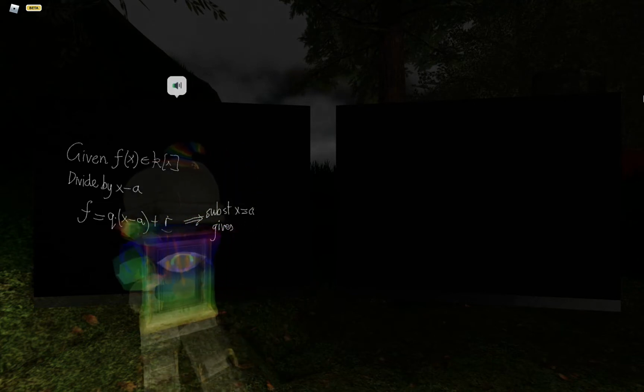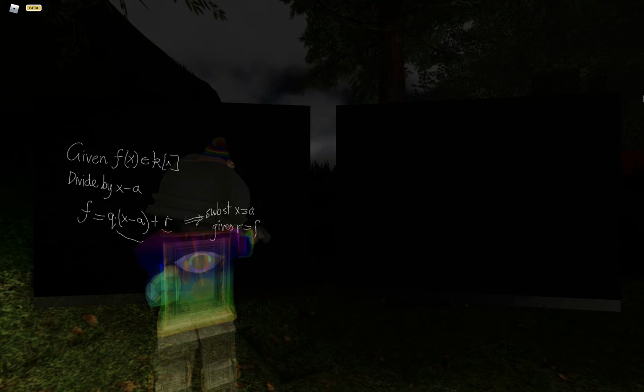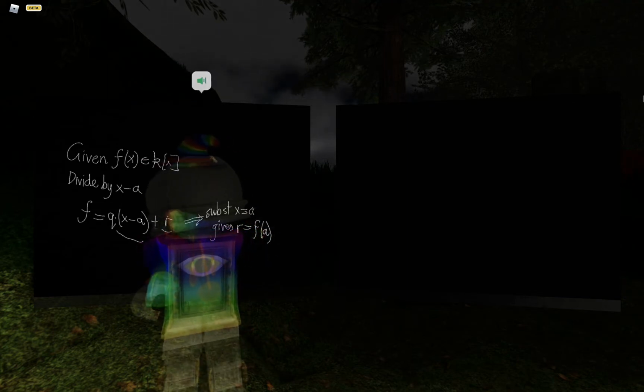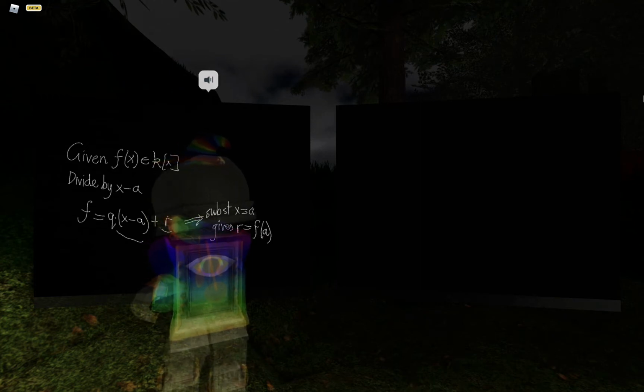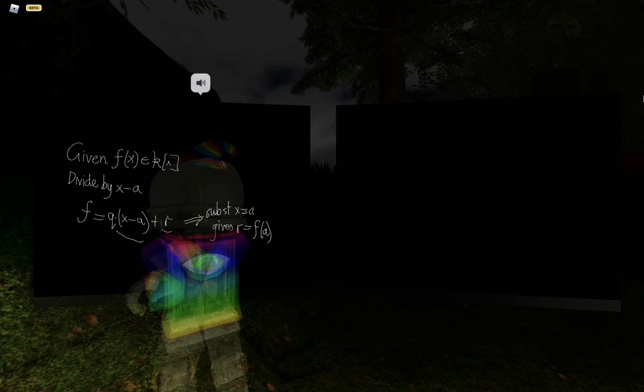The right-hand side, this term vanishes, so I'm just left with r. Okay, and this idea of extracting the meaning of the output of the division algorithm by making substitutions is the core of the connection between differentiation and division.